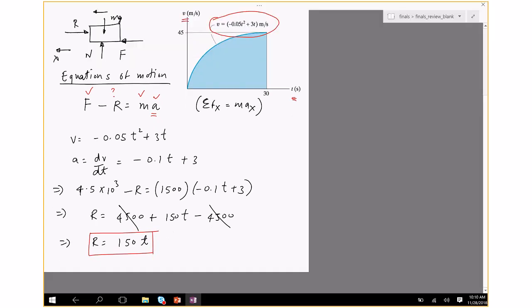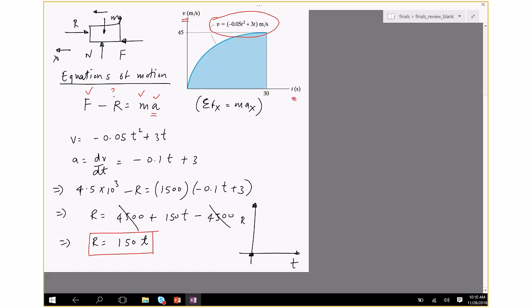You're asked to plot the resistance as a function of time. So we have to draw the equation R equals 150t. It's clear that if you put t equals 0, you get R equals 0, so that passes through the origin.